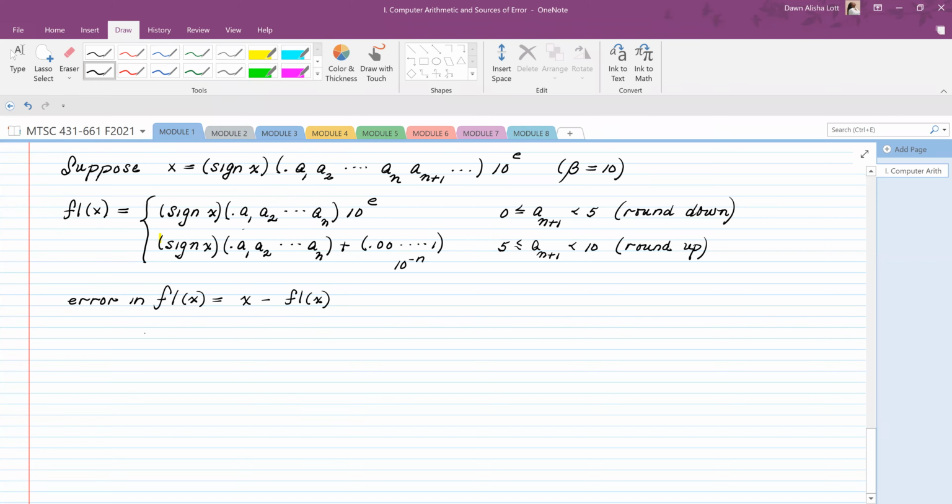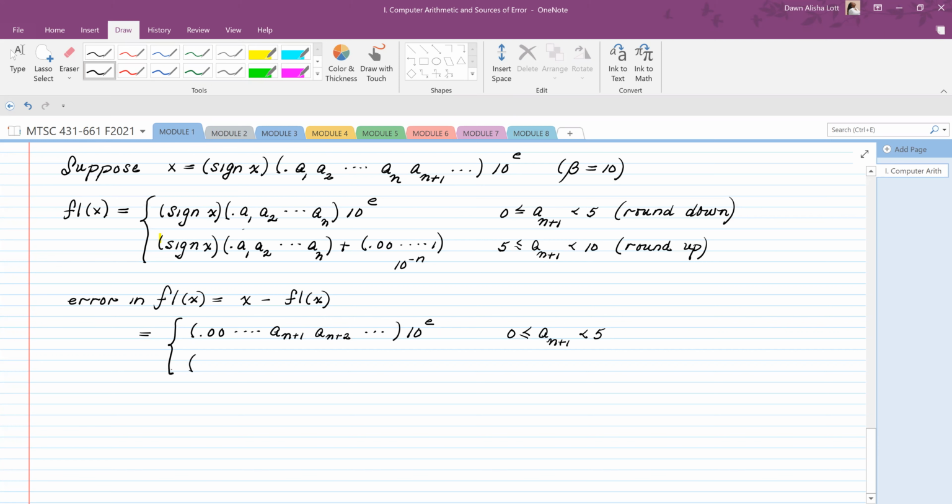All right. Well, you're going to get two different things. Here in the first one, you're going to get 0.00 all the way up to an plus 1, an plus 2, and it just keeps going times 10 to the e. And this is when 0 is less than or equal to an plus 1 is less than 5.